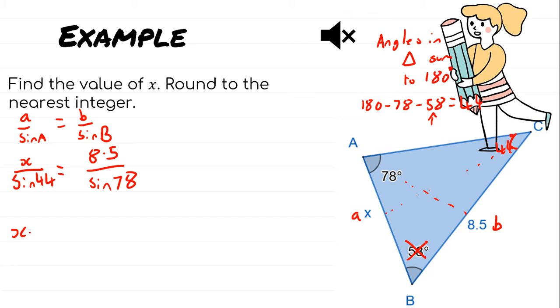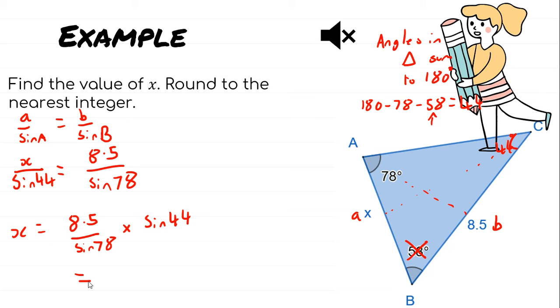Again, we can rearrange this. I'm sort of jumping the steps a little bit quicker here. We've got 8.5 divided by sine 78 times sine 44.